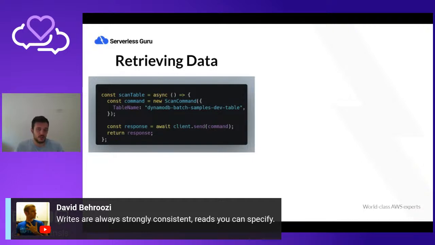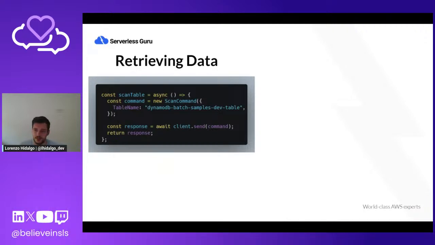With reads, it's what I mentioned at the beginning: it's temporal consistency, meaning that you could be reading an old version of the attribute. If you don't specifically add the attribute to do a strong read, you can't be sure that it's the latest version. It's usually a 1 millisecond difference until you get that strong read. But if you don't apply it specifically on your get item query or scan, you won't get strong or consistent reads.